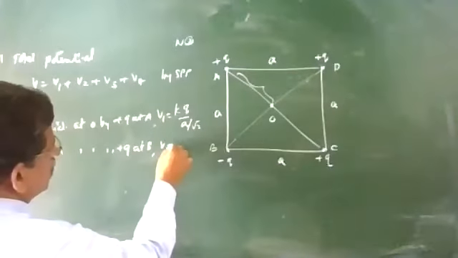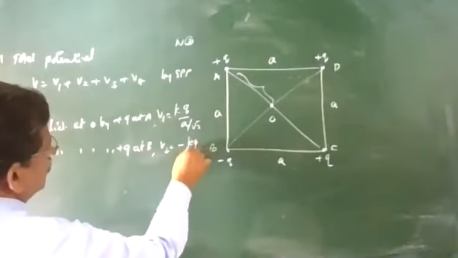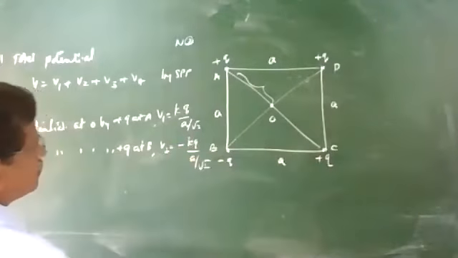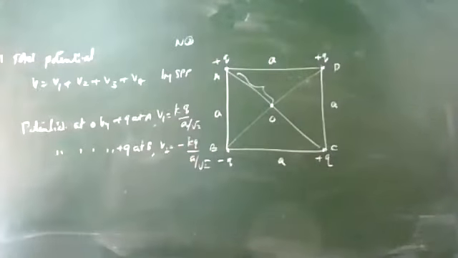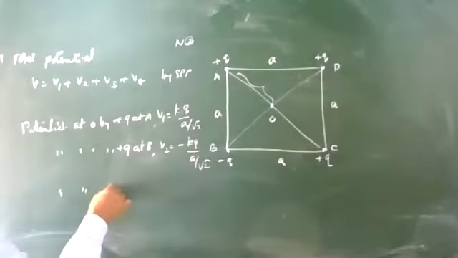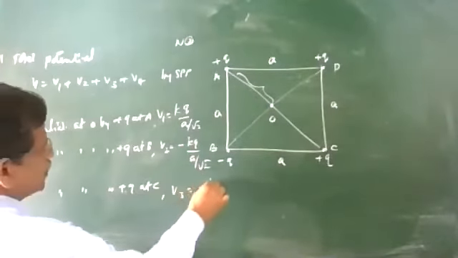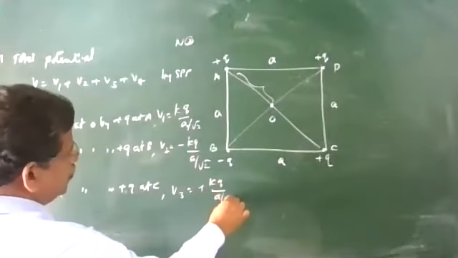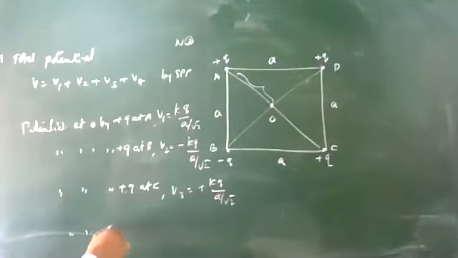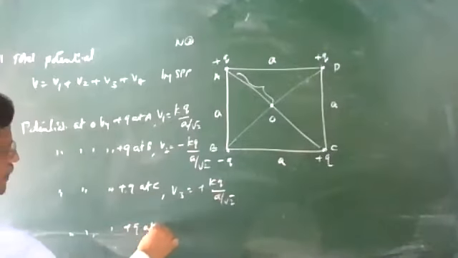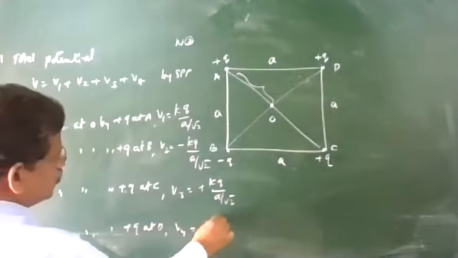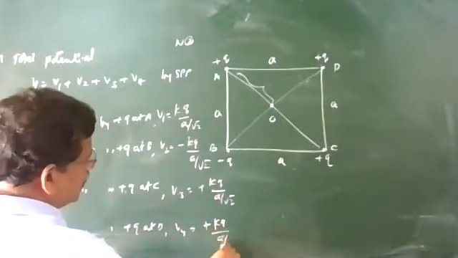It is minus Q charge, so you have to put a minus sign: minus KQ divided by A by root 2. Similarly, by plus Q which is at C, V3 equal to plus KQ divided by A by root 2. Similarly, plus Q at D, V4 equal to plus KQ divided by A by root 2.